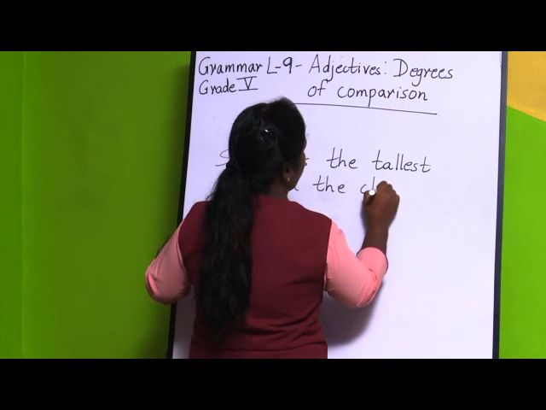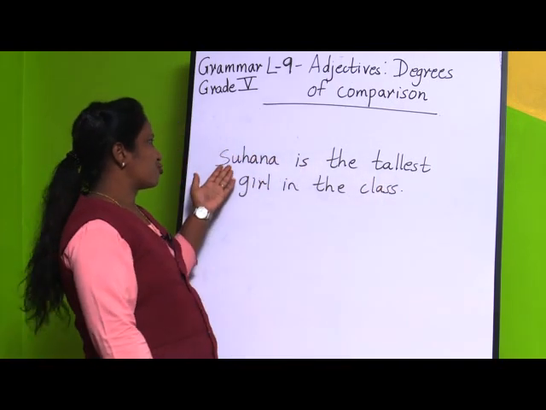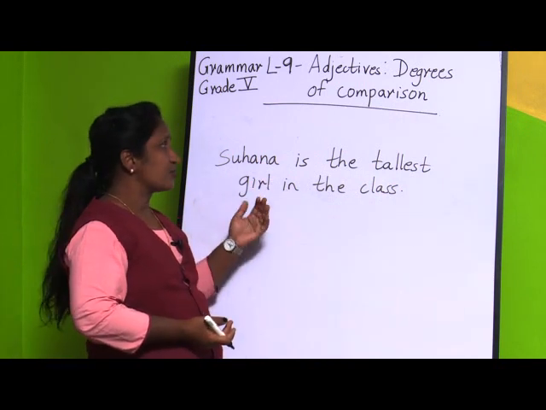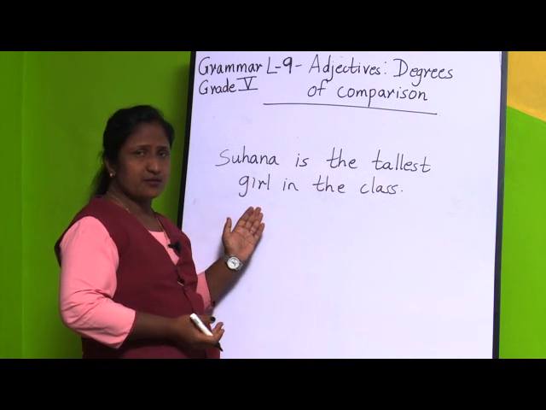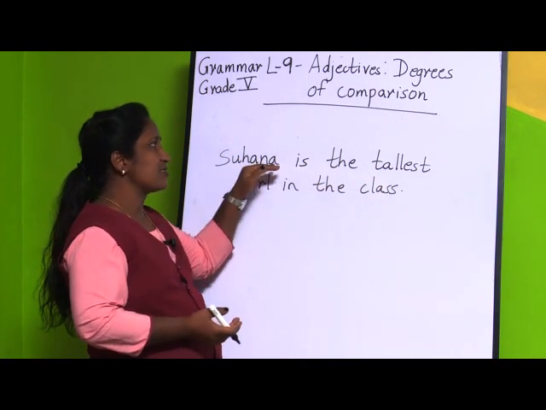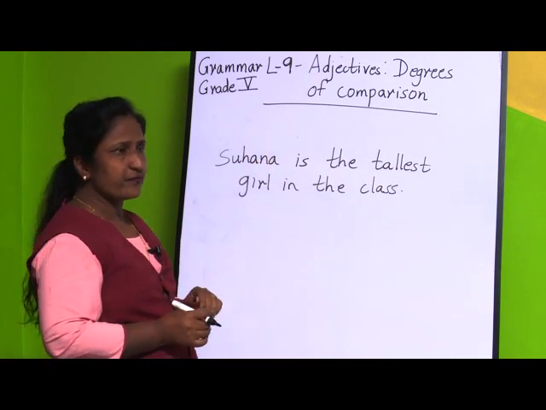Here we are going to compare between more than two. So, Suhana in the class means many children will be there in the class, isn't it? So, there is a comparison between more than two persons. So, Suhana is the tallest girl in the class. Now, in superlative degree what we are going to do?